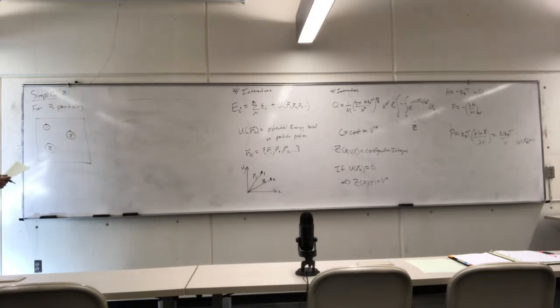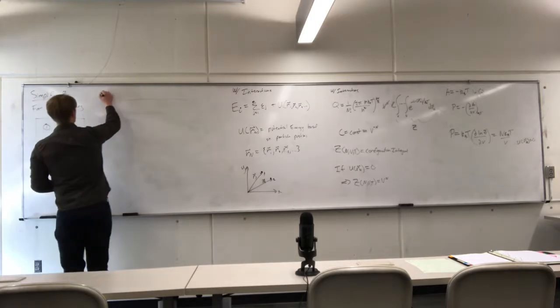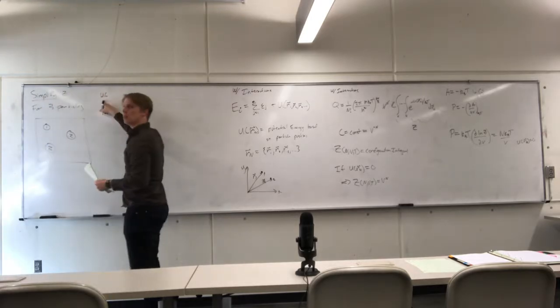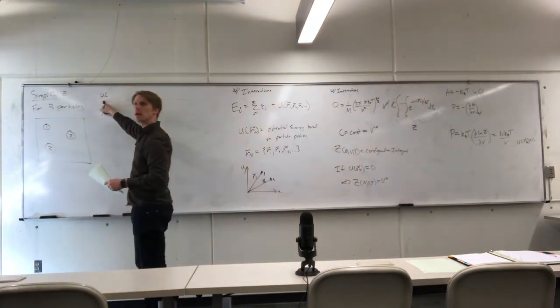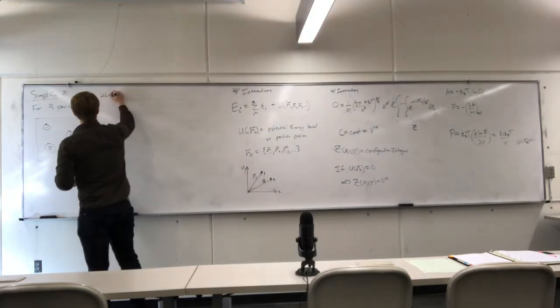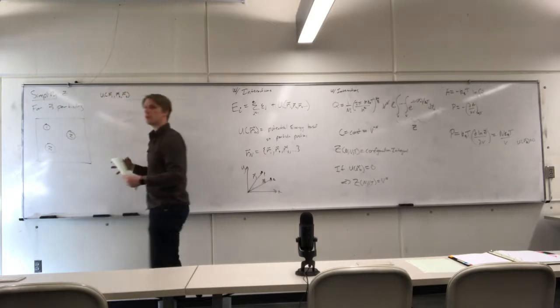So what we're going to say is that the internal energy, or the potential energy, of the system, in this case, is going to be a function of the positions of each of these 3 particles.